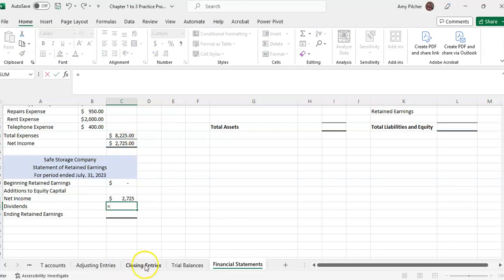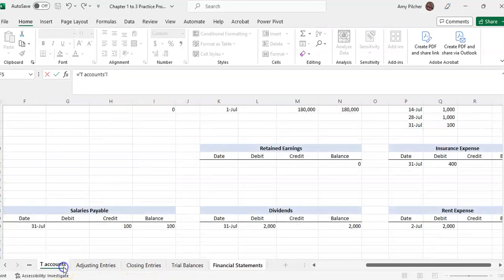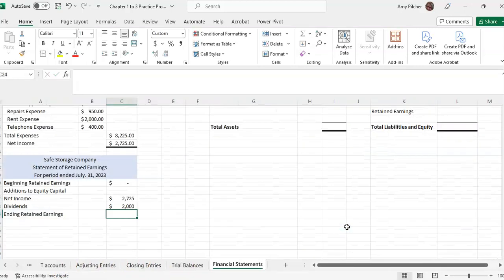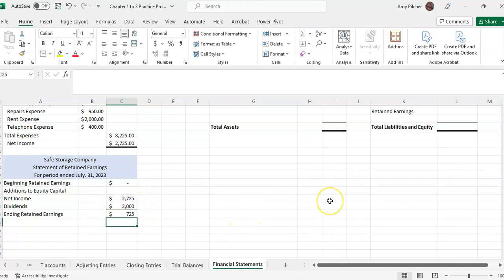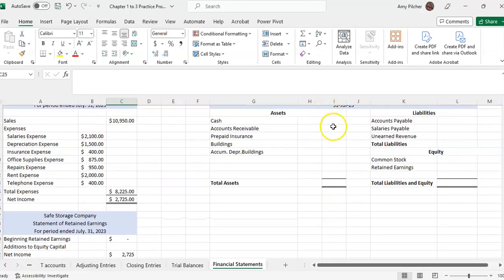We did a $2,000 distribution of dividends. And so our ending retained earnings is $725.